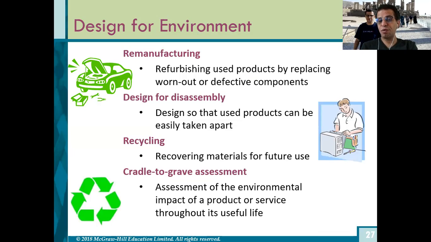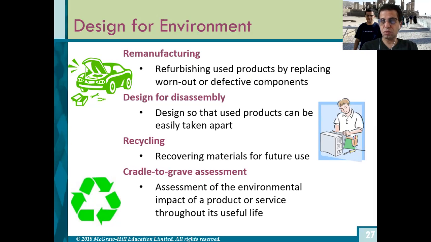So in design for environment, we have remanufacturing, which is refurbishing used products by replacing the worn out or defective parts with new ones. We saw that a lot in computers sometimes. Design for disassembly means designing so that a used product can be easily taken apart, like, once again, the computer, where we can take it apart and pick the good parts from the bad ones.